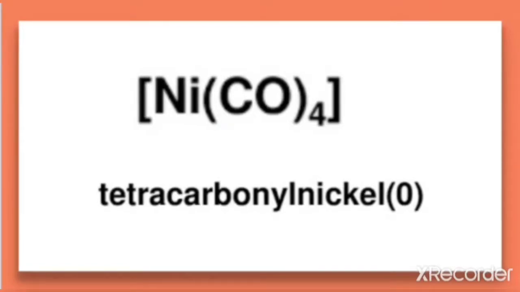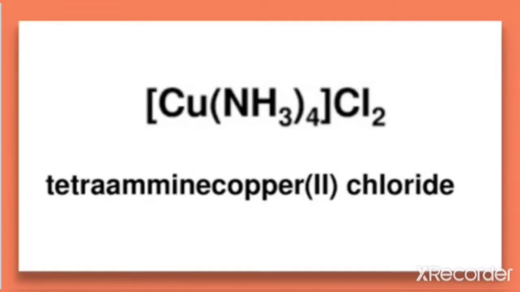Now we'll be doing some examples, so then it will be more clear to you. We'll take an example like [Cu(NH3)4]Cl2. First of all, identify which type of complex it is. It is a cationic complex, because the counter ion is a negatively charged counter ion.